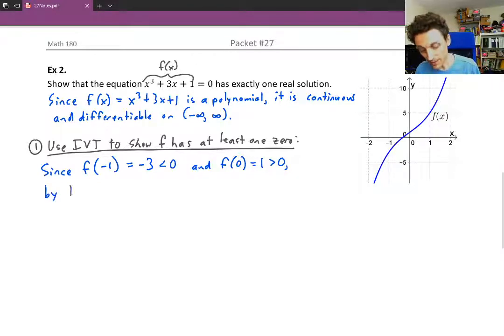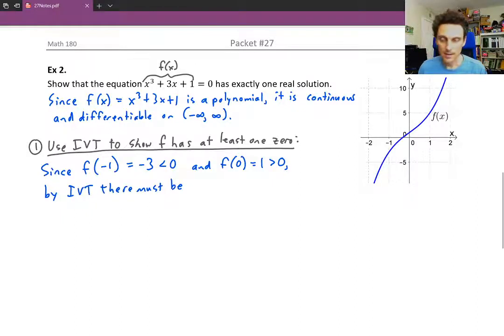So, by the intermediate value theorem, there must be some x in the interval from -1 to 0 such that f of x equals 0.